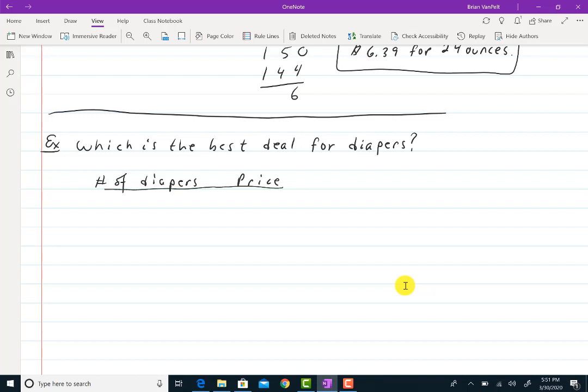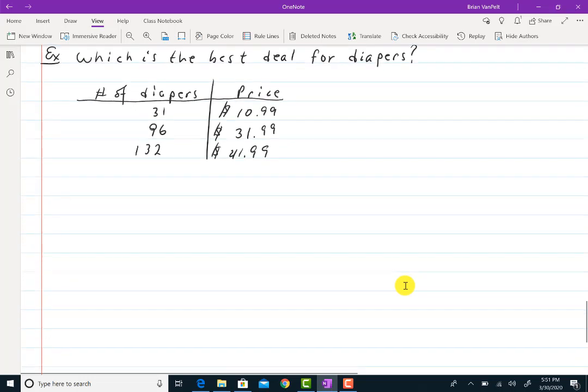Let me go ahead and put these things in. We got 31 diapers, costs $10.99. Then we have 96 diapers, costs $31.99. And then we have 132 diapers, costs $41.99. So which of these is the best deal?